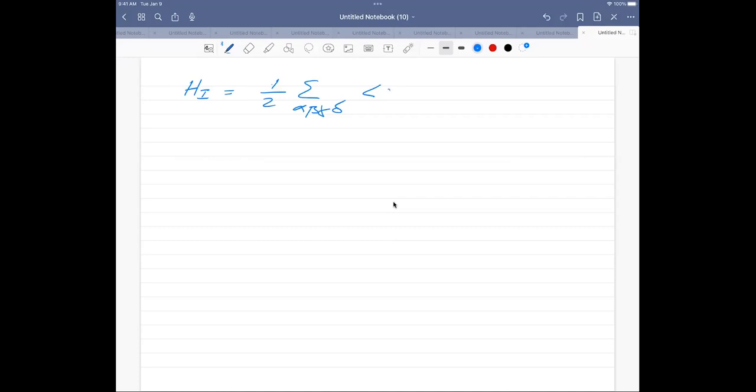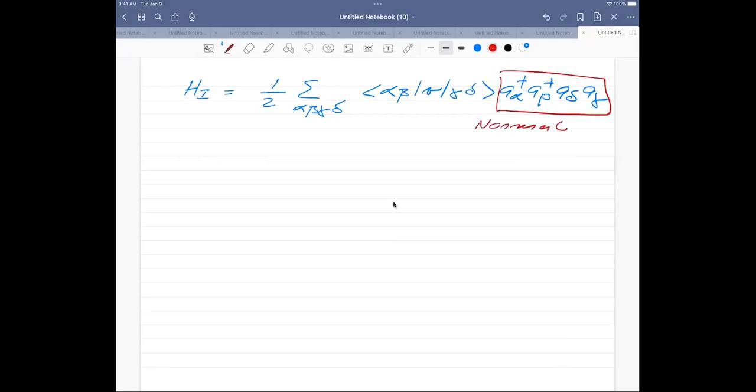So we would then have an integral with some interaction. And then we have these creation operators, a alpha, a beta, a delta, and a gamma. So note that this operator here is already in normal order form. So when we highlight this one, this is what we would call a normal ordered operator.